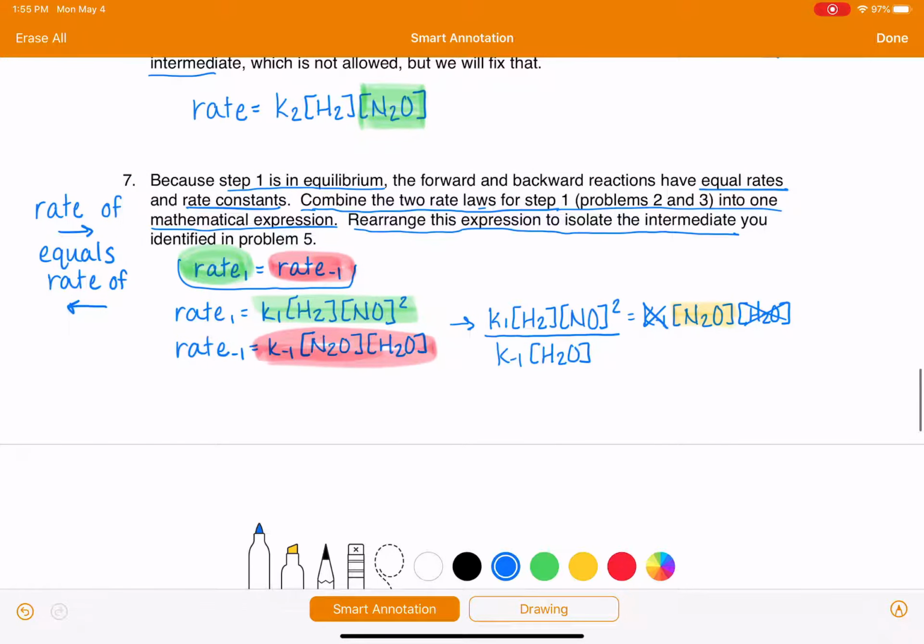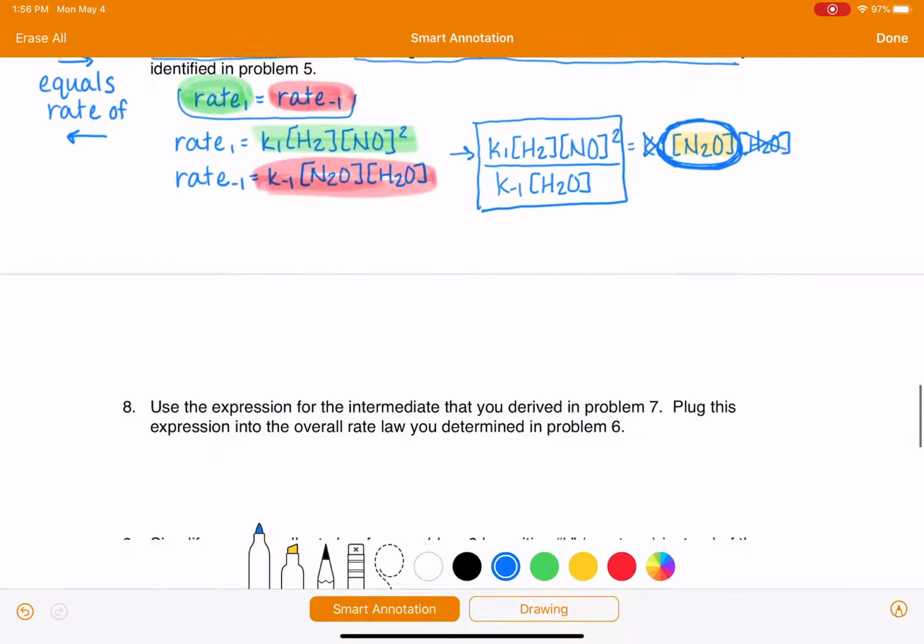What did we just do? What we did was define the concentration of N2O, an intermediate, in terms of measurable things, H2, NO, and H2O, which are all species that are either reactants or products, things that we can measure. So we have rewritten an unmeasurable quantity in terms of measurable quantities. That's very powerful.